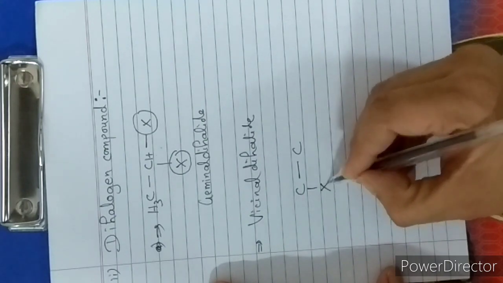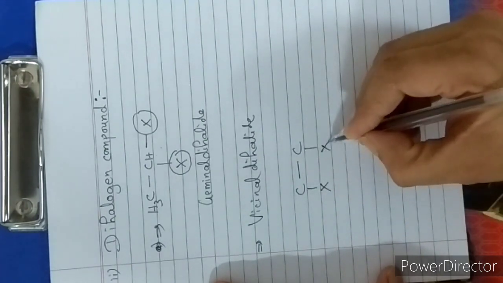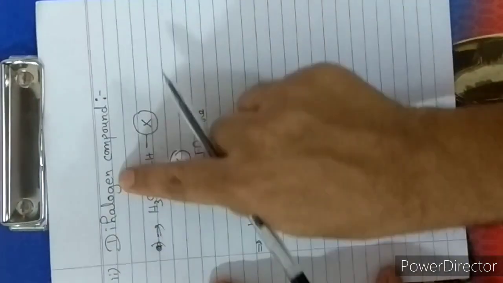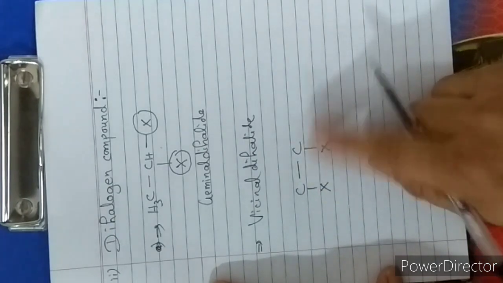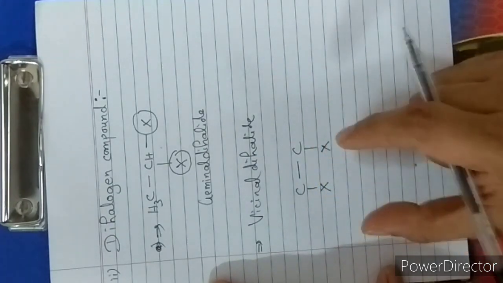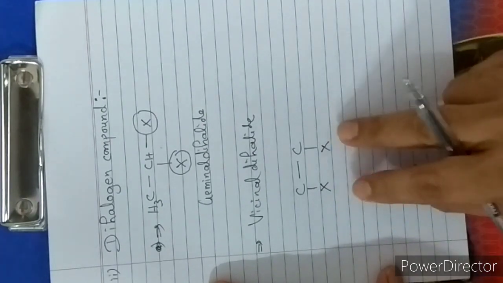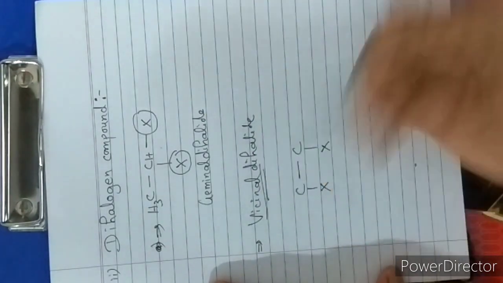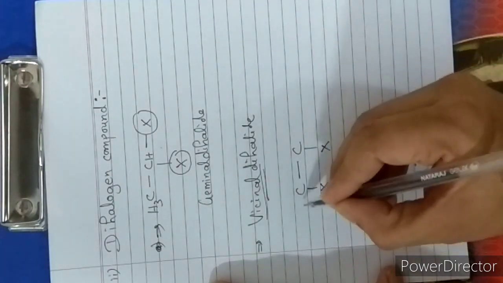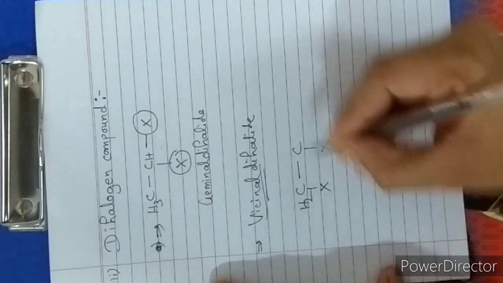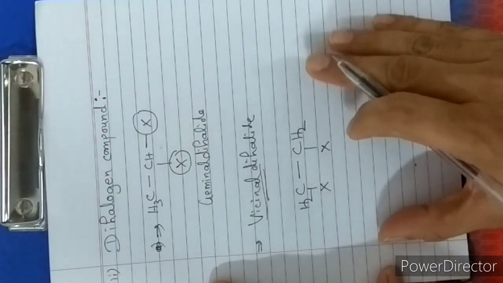And one halogen attached to this carbon, other halogen attached to this carbon. Again dihalogen, but the halogens are attached to adjacent carbons. When both the halogens are present on adjacent carbons, then we call it vicinal dihalide. Clear? Now satisfying the valency, CH2, CH2. I hope you understood this.